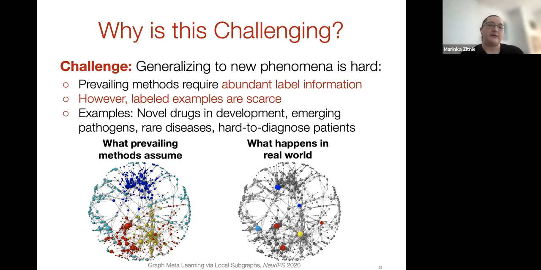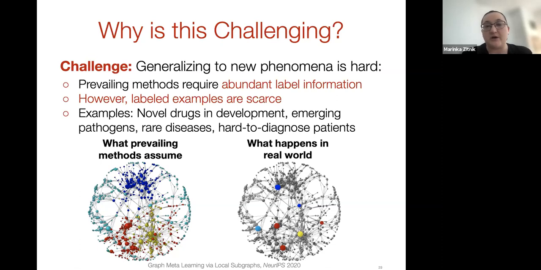In ML, generalizing to new phenomena is typically very hard. And in the context of graph neural networks, prevailing methods still require abundant label information, whether those are examples of labeled nodes or labeled links, depending on the concrete task. However, labeled examples in many settings are scarce, and that includes the setting of emerging diseases.